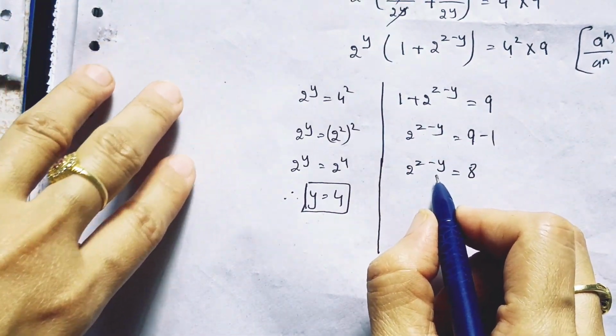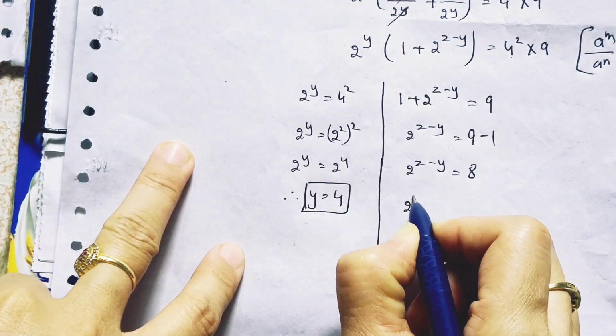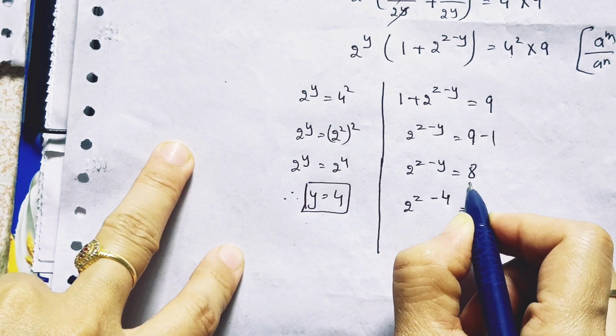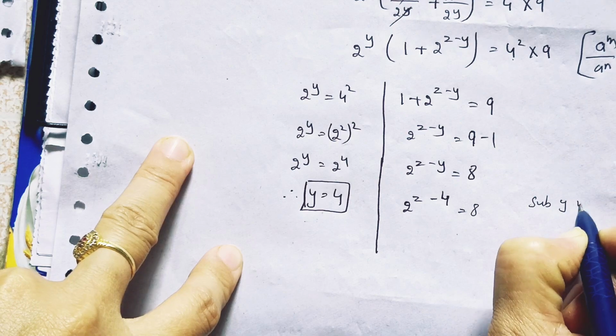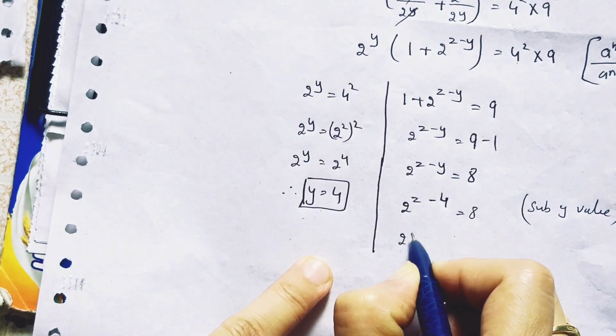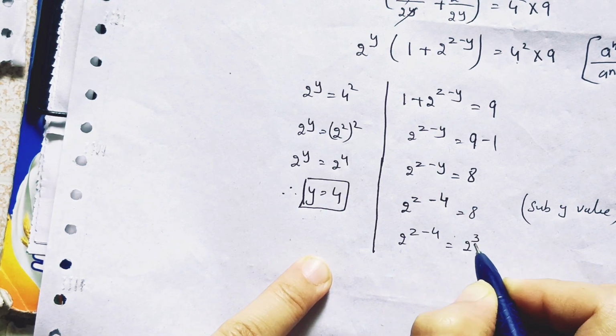Here I am going to substitute the y value. 2 power z minus 4 equal to 8, so 2 power z minus 4 equal to 2 cube.